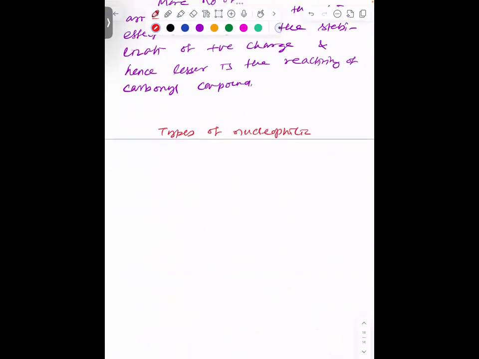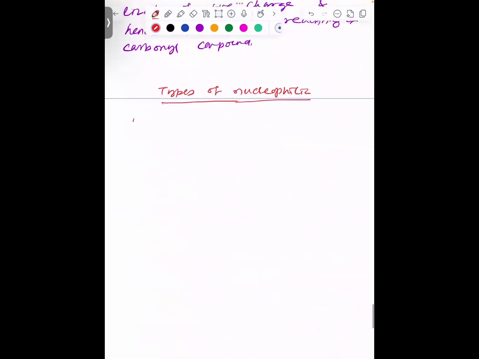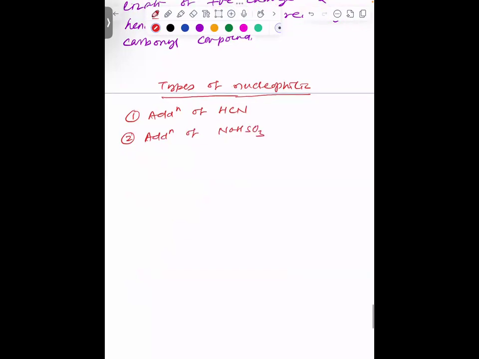Next, types of nucleophilic addition reaction. First, addition of HCN. Second, addition of sodium bisulfite.